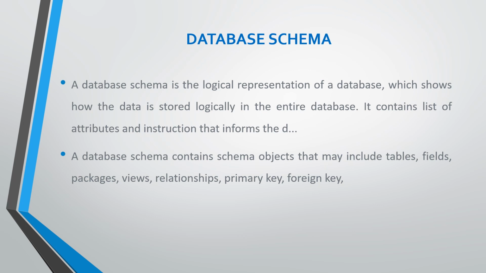The database schema contains schema objects that may include tables, fields (which we can also call attributes), packages, views, relationships, primary key, foreign key, secondary key, etc. These are the different types of schema objects present in the database schema. In other words, the schema is the logical representation of data in the database. It is called a database schema.